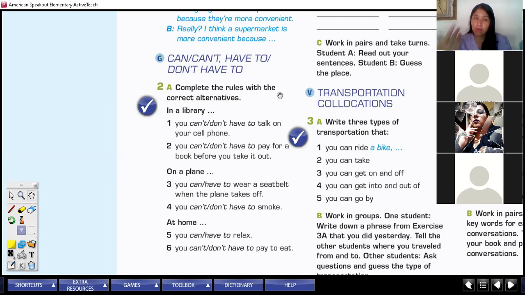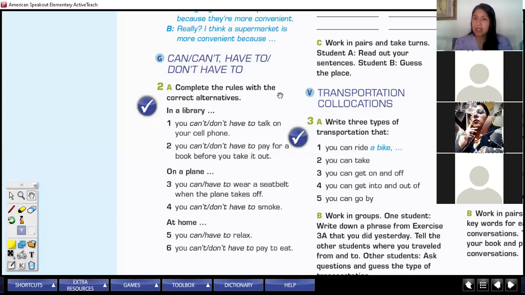Okay, it says in here, complete the rules with the correct alternatives. You have to choose between can, don't have to, can't or have to. Look at the words in bold: in a library, on a plane, at home.